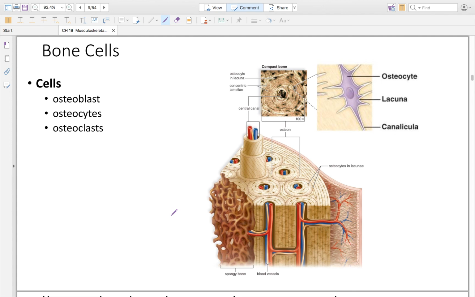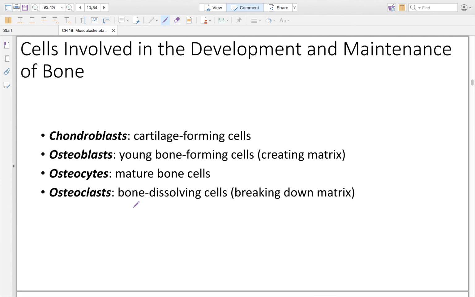Okay, so definitely you want to review these cells: osteoblasts, osteocytes, osteoclasts, and what do those mean again? Now remember, blasts are immature cells, but they're forming the matrix, creating. If we go all the way back to chondro means cartilage, right? And so a chondroblast is a cartilage forming cell.